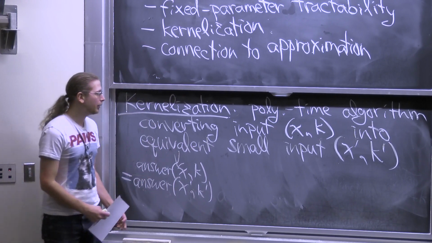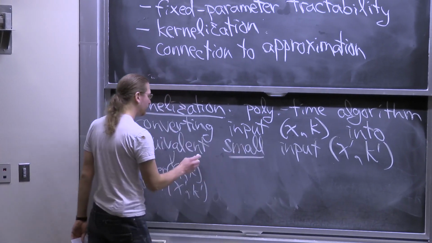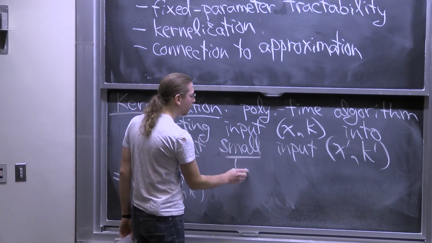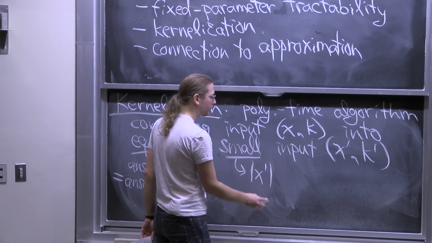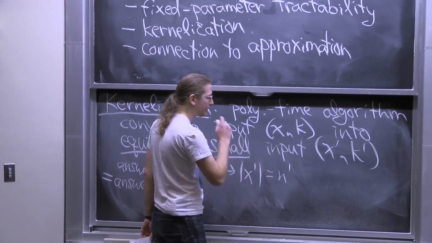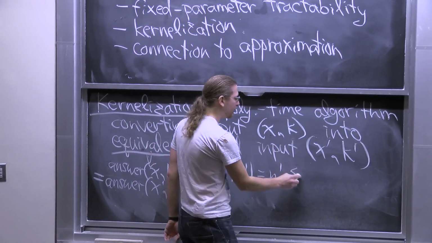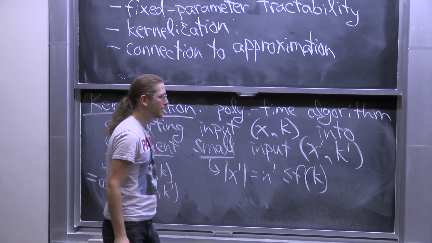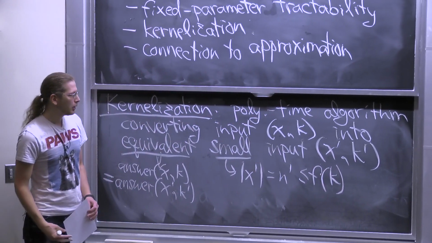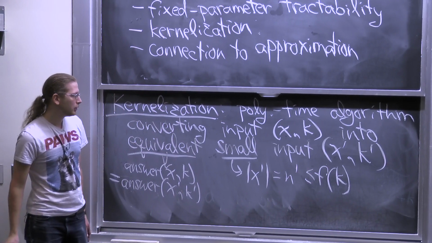So that's good. Now what does small mean? We need to define both of these. Small means that the size of x prime, which you might call n prime, should be at most some function of k. Cool.